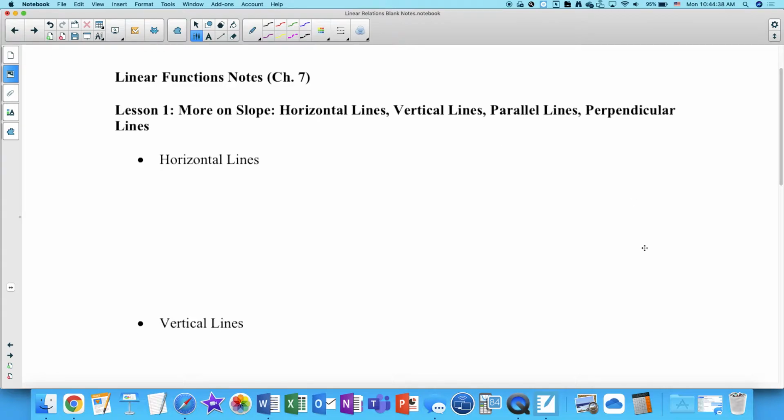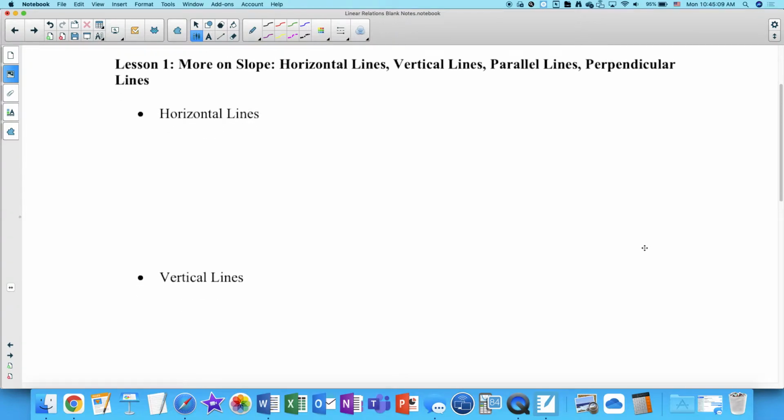And what we really need to consider when we're looking at these types of lines is the properties of their slopes. If we look at a horizontal line, what is the slope of any horizontal line? What's the slope of any vertical line? And if we're looking at parallel or perpendicular lines, we have to have at least 2 lines. So what do their slopes have to do with one another? That's going to be our focus for today.